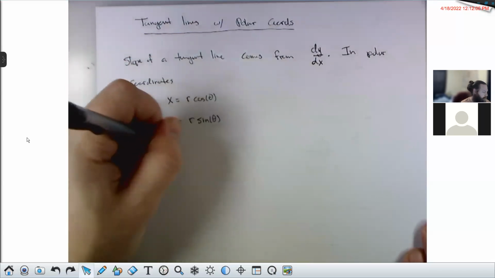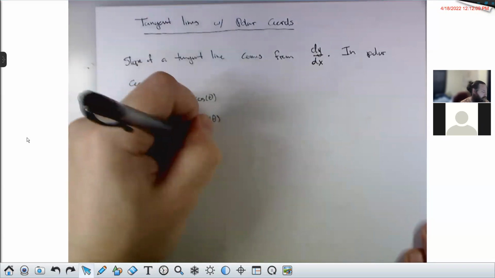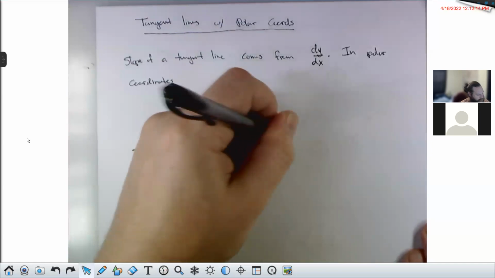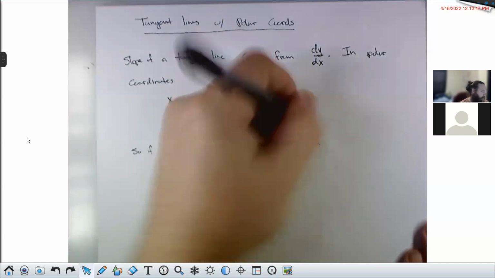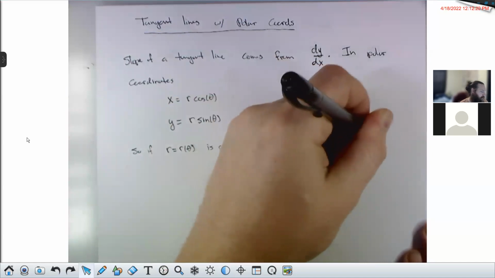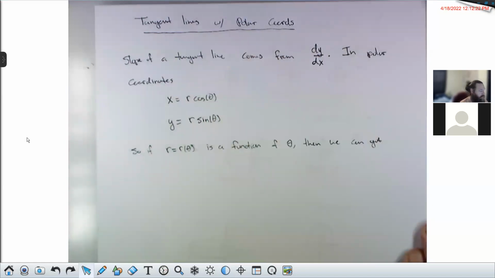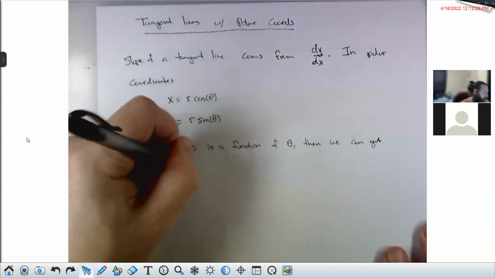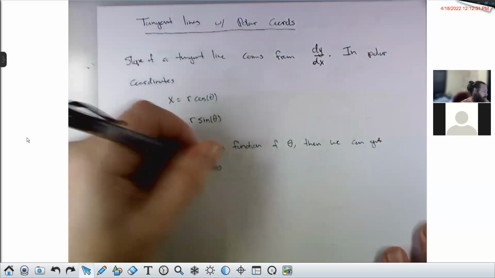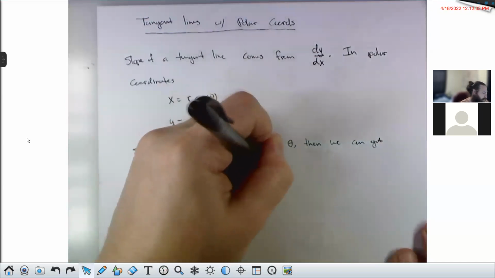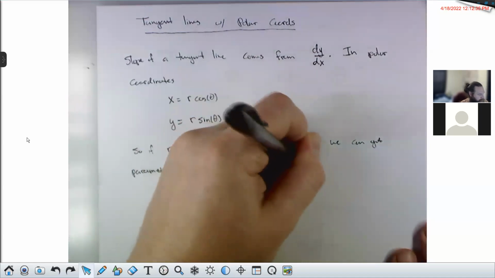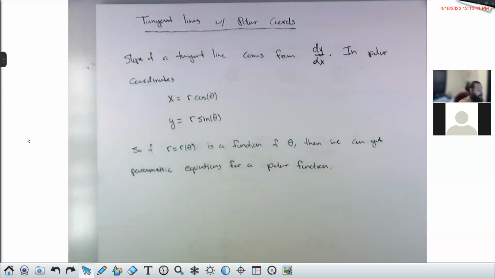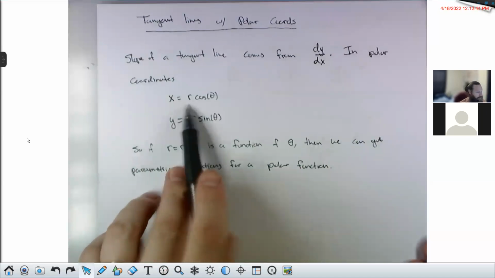So if r equals r of theta is a function of theta, then we can get parametric equations for a polar function, by plugging in r of theta for r here.